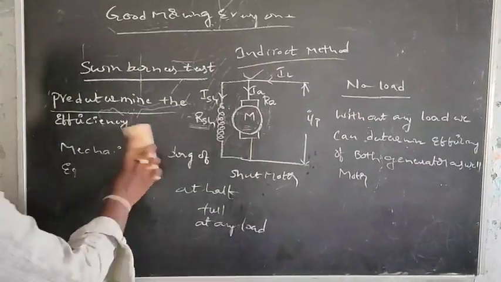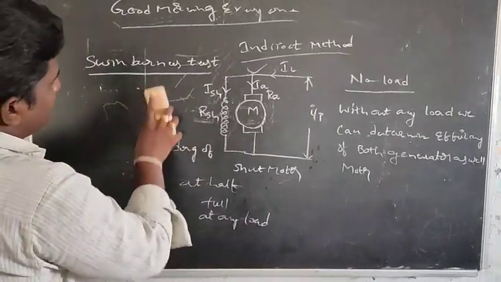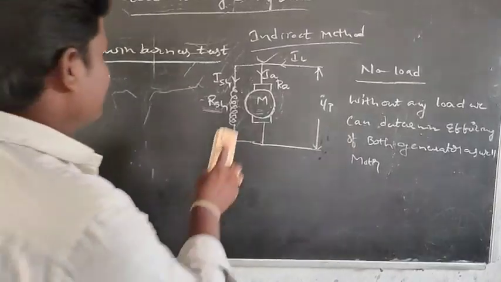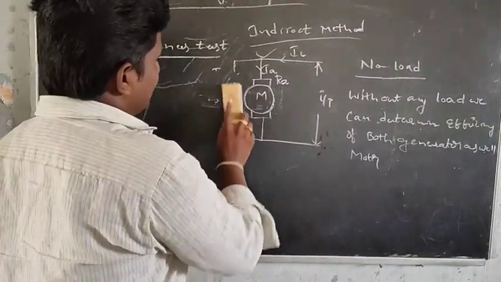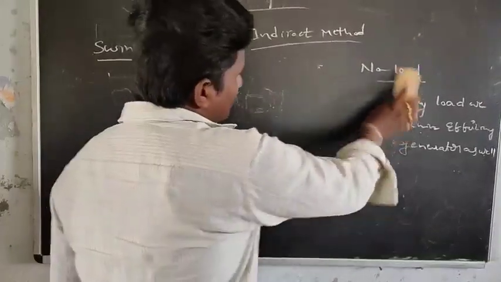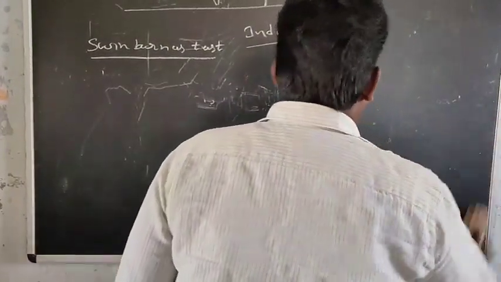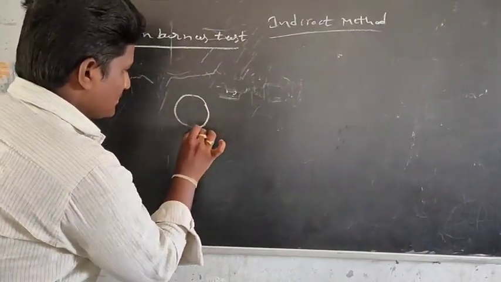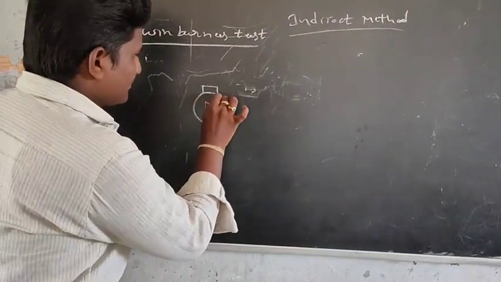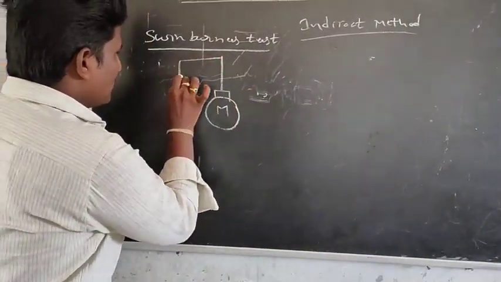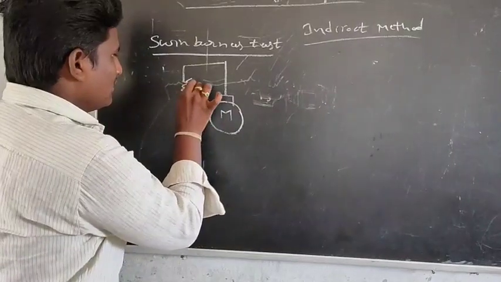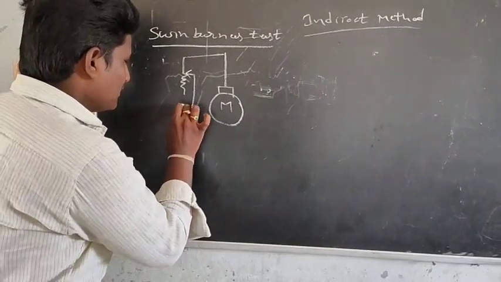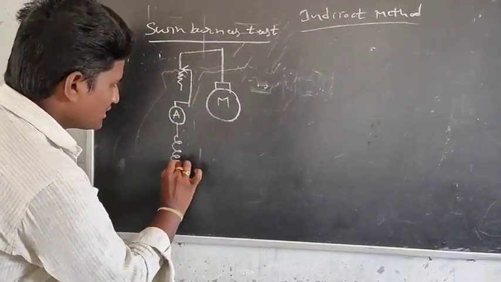So I am connecting one field rheostat along with one ammeter to the shunt field.